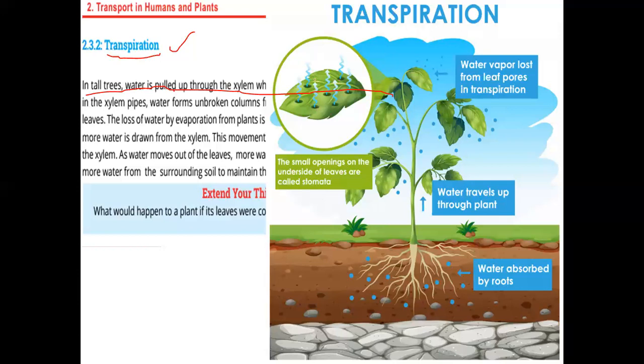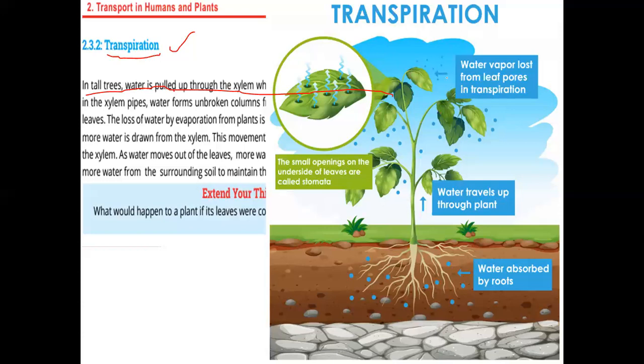When water evaporates from here, what happens? Water gets lower in the plant. You see, water vapors are lost from leaf pores in transpiration. So this is called transpiration, when the water moves out of the leaves through their openings. So what happens?